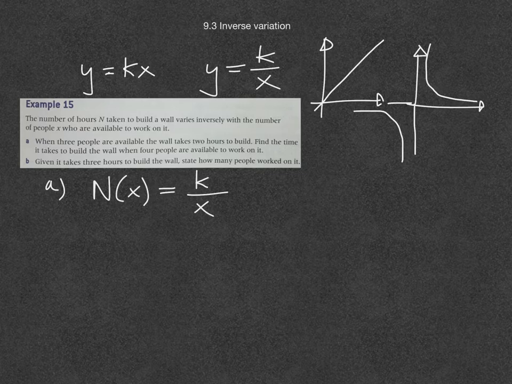So when 3 people are available, the wall takes 2 hours to build. So if you have 3 people, it takes 2 hours to build. So the function value is the time, the variable x is the number of people.